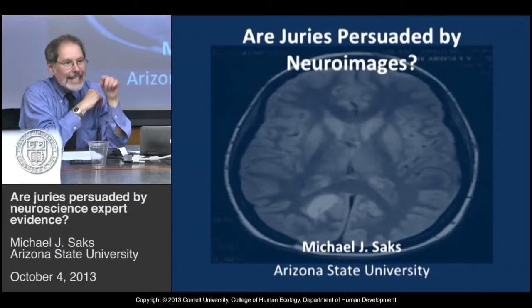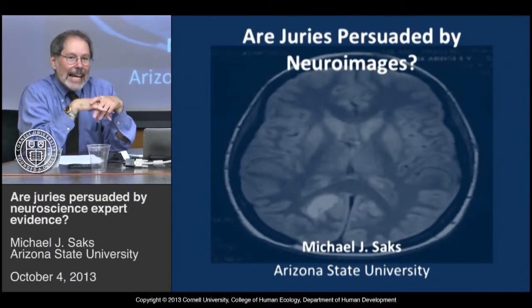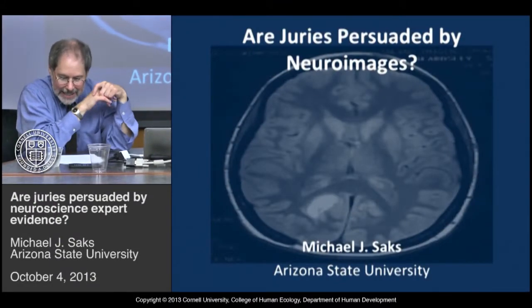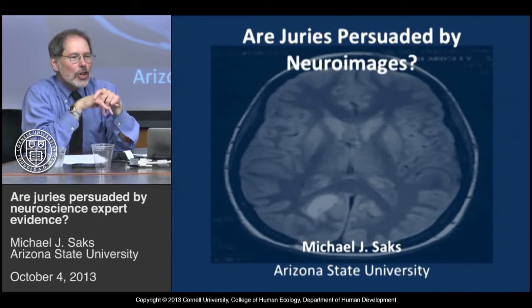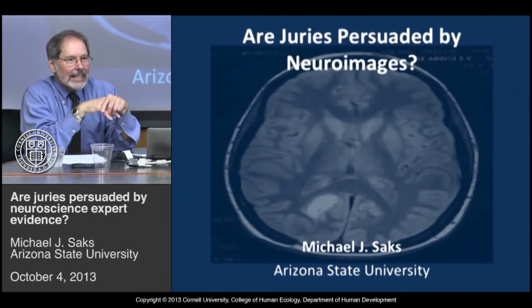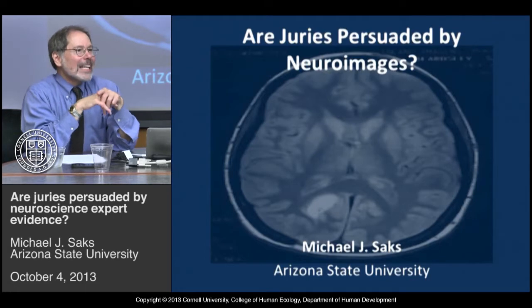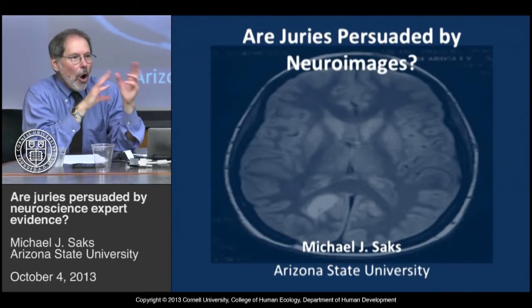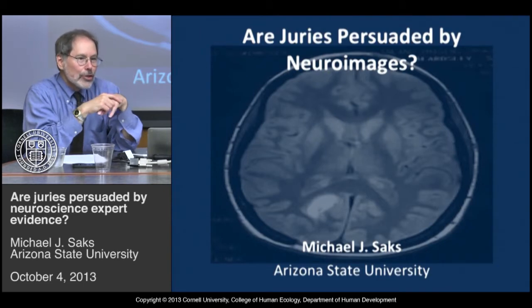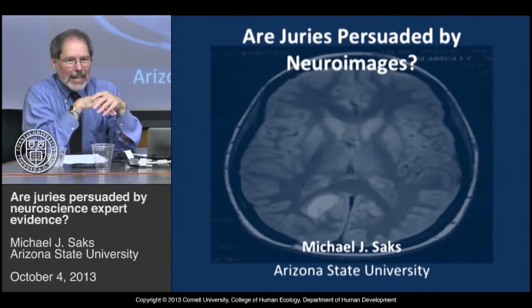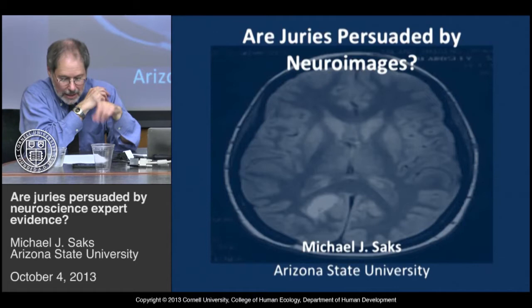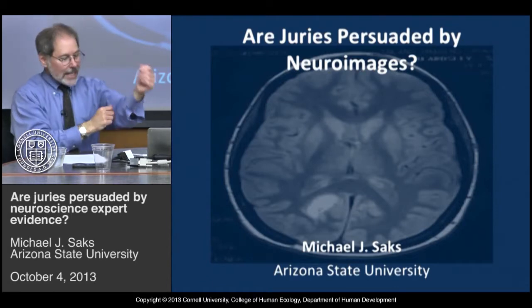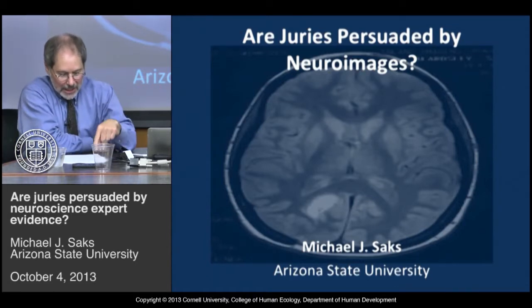This talk is as much about designing studies as it is about the substantive research findings that I find. So even if you don't care how persuasive neuroimages are or are not to juries, that's okay, because here are the methodological lessons that you might find interesting.